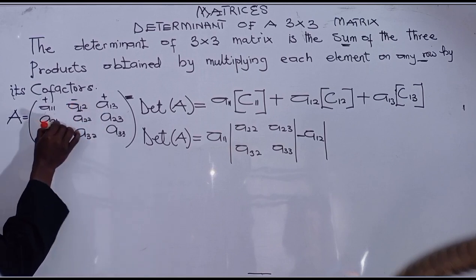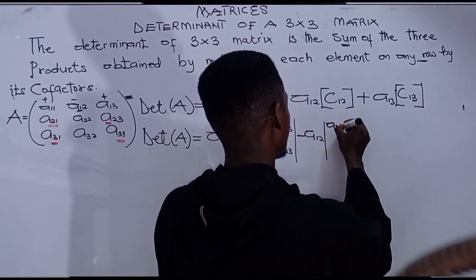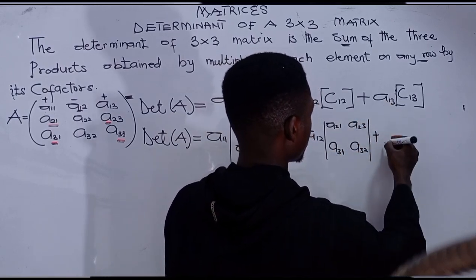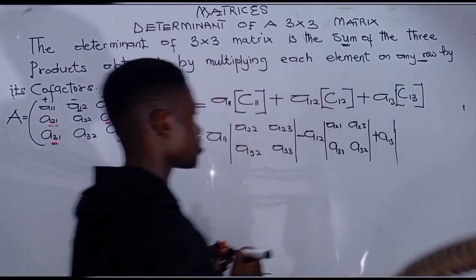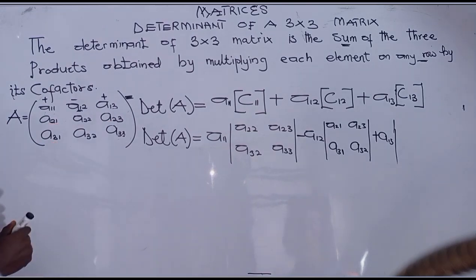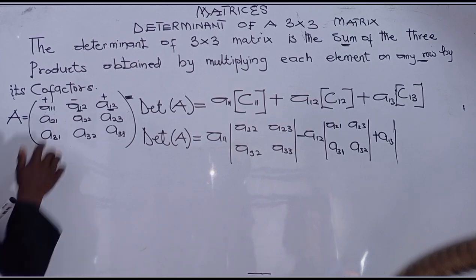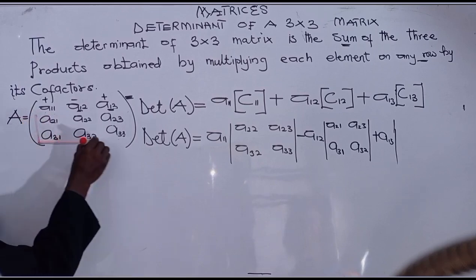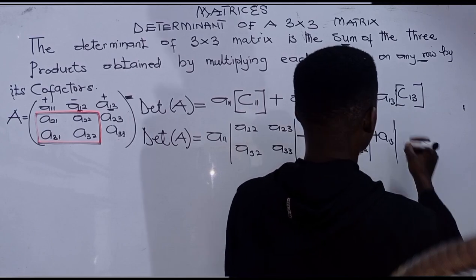So we'll be left with these entries: A21, A23, A31, A33. Then the last entry, A13. We are going to collapse the first row and then the last column. So we'll be left with these entries, and we copy them here: A21.